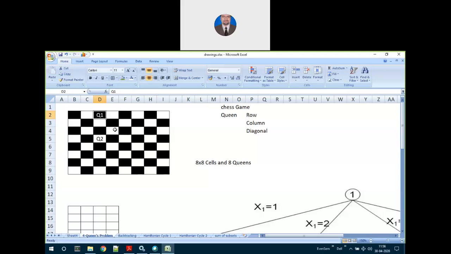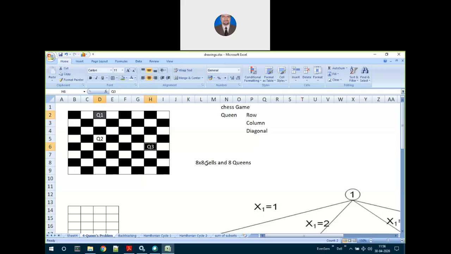Suppose I keep one more queen over here, say q3. Now when we look at q1 and q3, both are on the same diagonal. Again these two are in an attacking position. So this is also one more problem in this particular case.